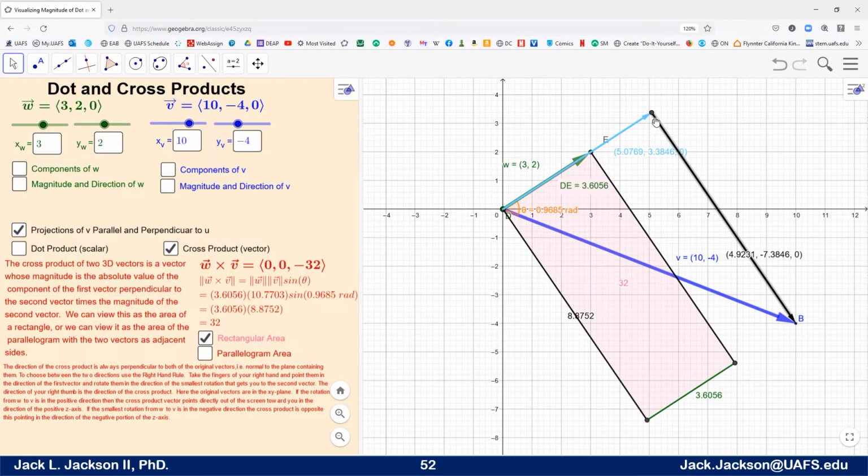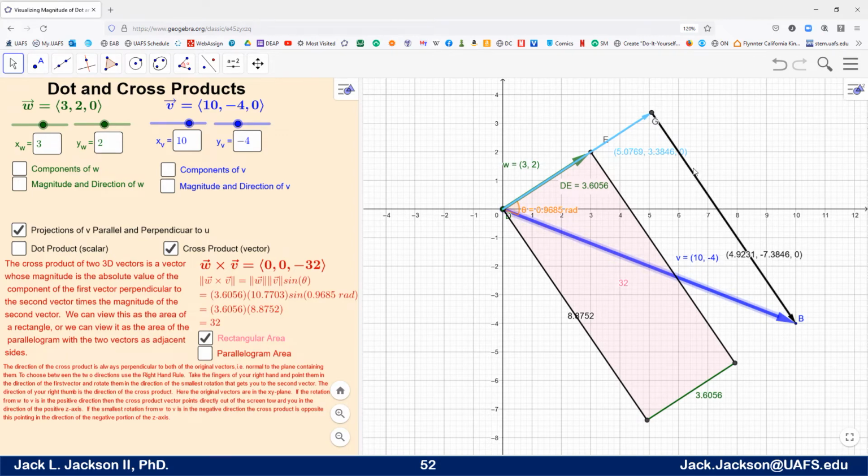It's a right angle right there. Well, if we do that, the norm of V times the sine of this angle in between, we get about 8.8752. So the 10.7703 here is the length of the vector V. That's the length of the blue vector.